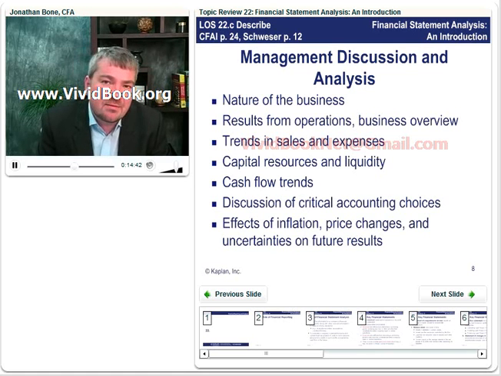So it's going to give you information on the results from each operation and an overview of how the business performed in the last period. So it'll give you information on trends in sales and expenses, not just in the past, but likely trends going forward. There's also discussion on capital resources and liquidity, so things like the availability of debt, the availability of equity, repayments of debt, etc. Major cash flow trends, discussion of critical accounting choices.